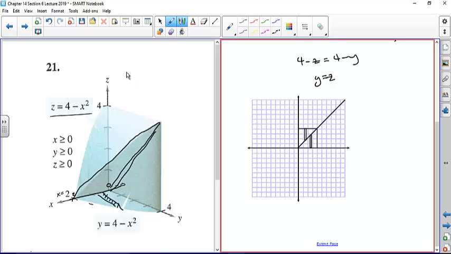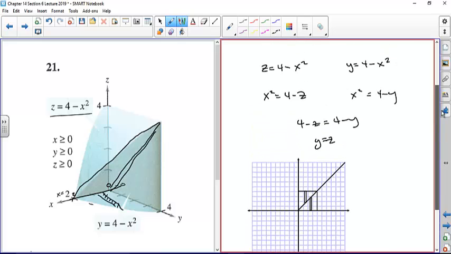So if we solve this equation, which we've already sort of done up here, you get x equals plus or minus the square root of 4 minus z, and here we'd get x equals plus or minus the square root of 4 minus y.